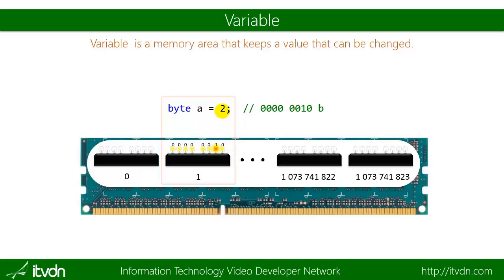Here we have assigned 2, and you remember that in the binary system, 10 equals 2 in the decimal system. So you can use your decimal system here, and the computer will automatically convert it into the binary system and save it for you.